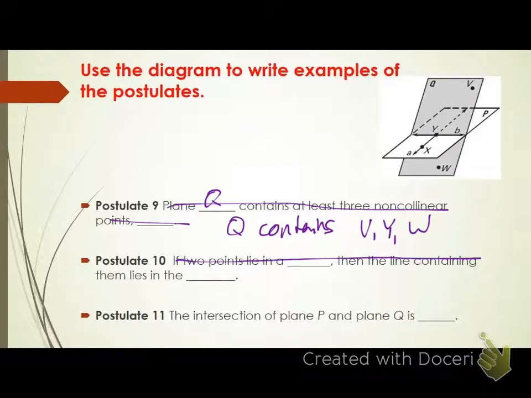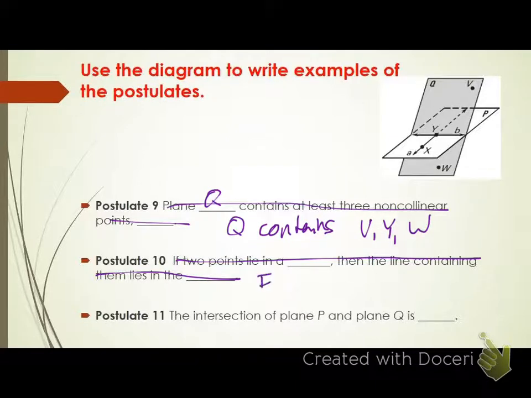And I'll get rid of this now. That's the postulate. But what you could say is, if 2 points lie in a plane, find me 2 points in a plane. Any 2 points. I know that there are multiple points you could use. We could say maybe VW, right?